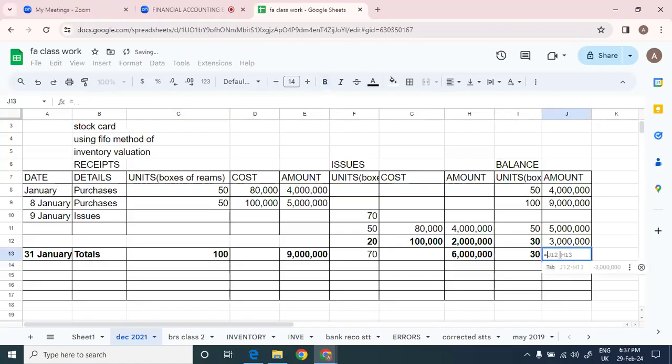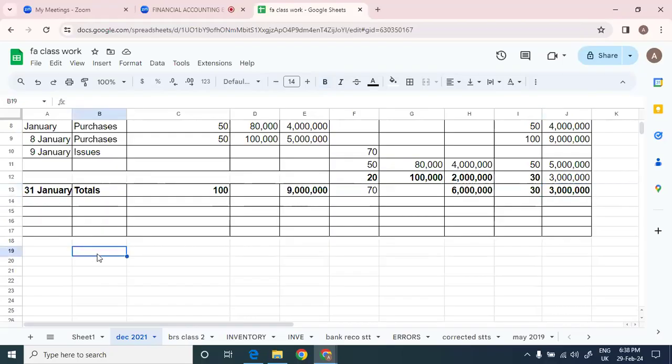When I come to my closing balances in amounts, when I get my 9 million, I remove 6, still I get what? I get 3 million. That's how I would go on to do my inventory valuation under FIFO.